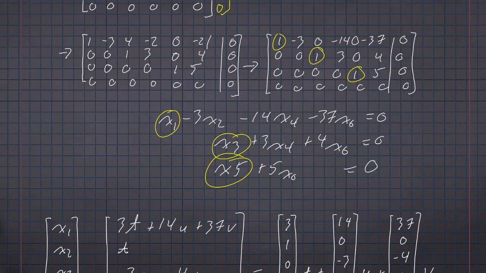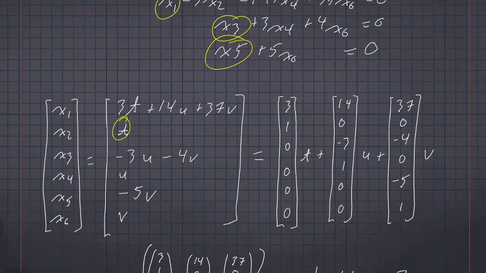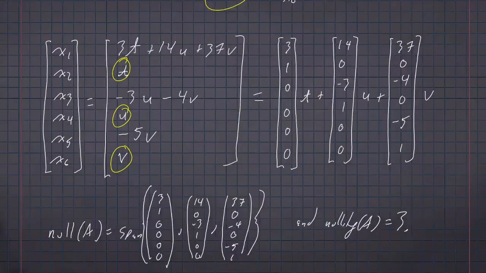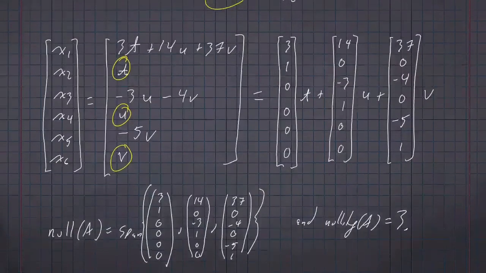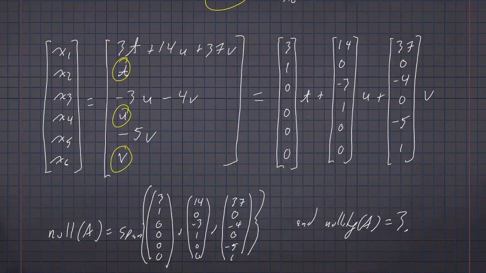The other variables are what I turned into the free parameters. I used t, u, and v. And those free parameters were the things I used to separate out that solution into a linear combination.